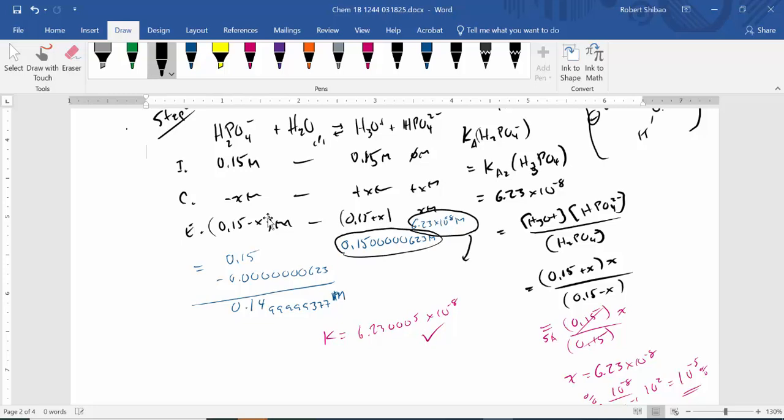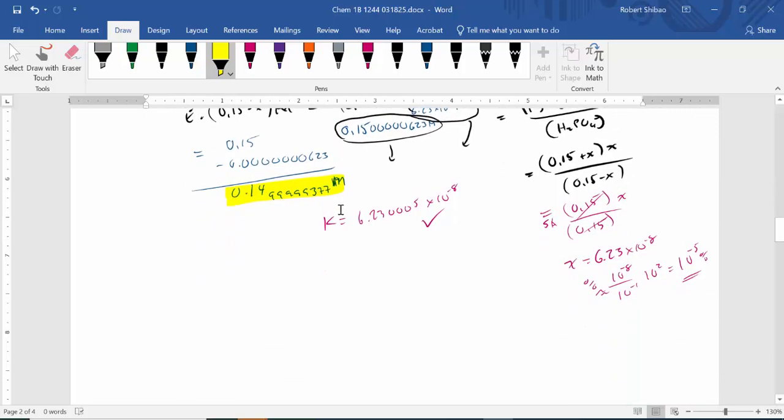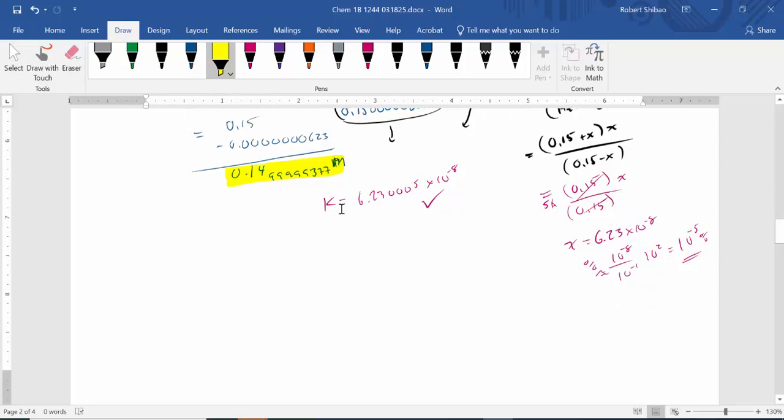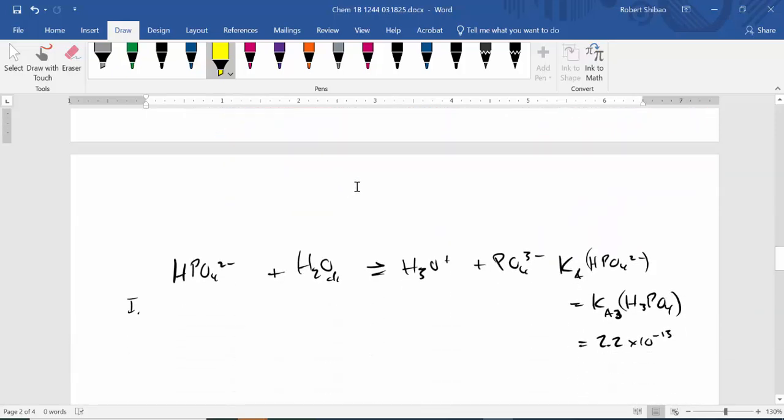That's going to go down to step 3. However, dihydrogen phosphate, this is the end of the line for dihydrogen phosphate. That does not go down here. And so over here, this is 6.23 times 10 to the minus 8.